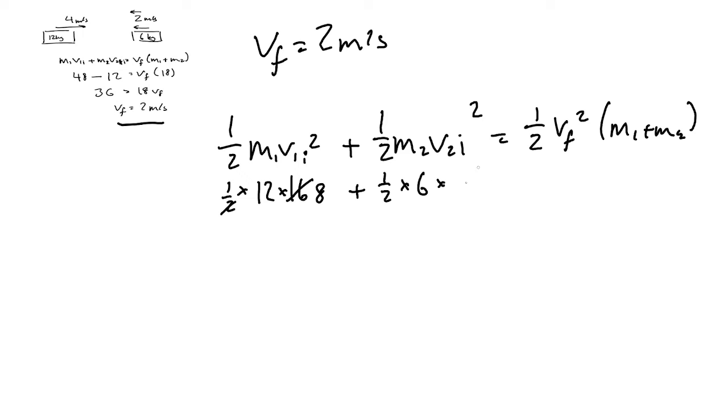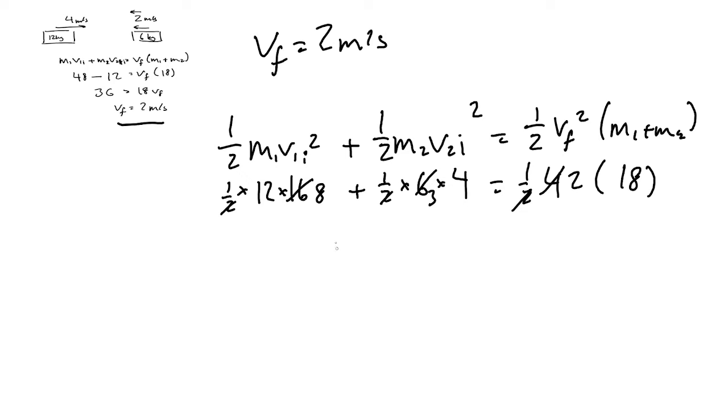This is going to give us 4. We can cross these out. This is 3 times 4. This is going to be equal to 1 over 2 times 2 squared. So that's 4. We can cross these. That's 2. 2 times 12 plus 6 is 18.